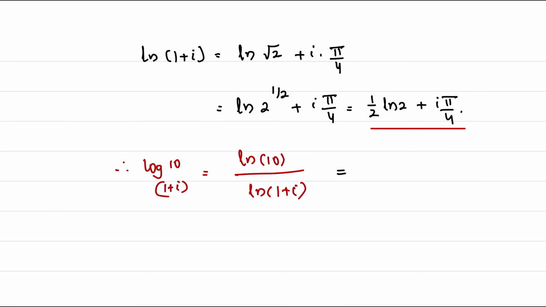This ln 10 is 2.302, divided by ln(1+i), which is half into ln 2 plus i into pi by 4. Do you agree?